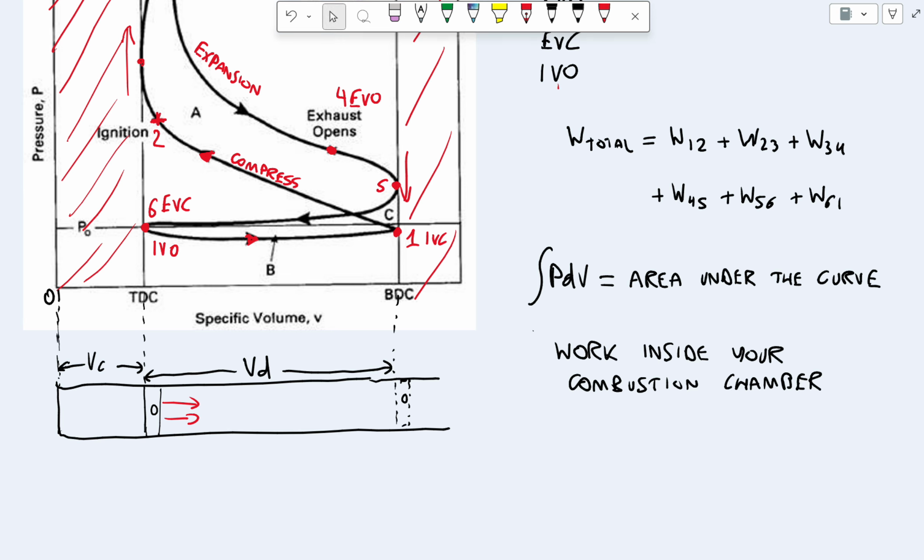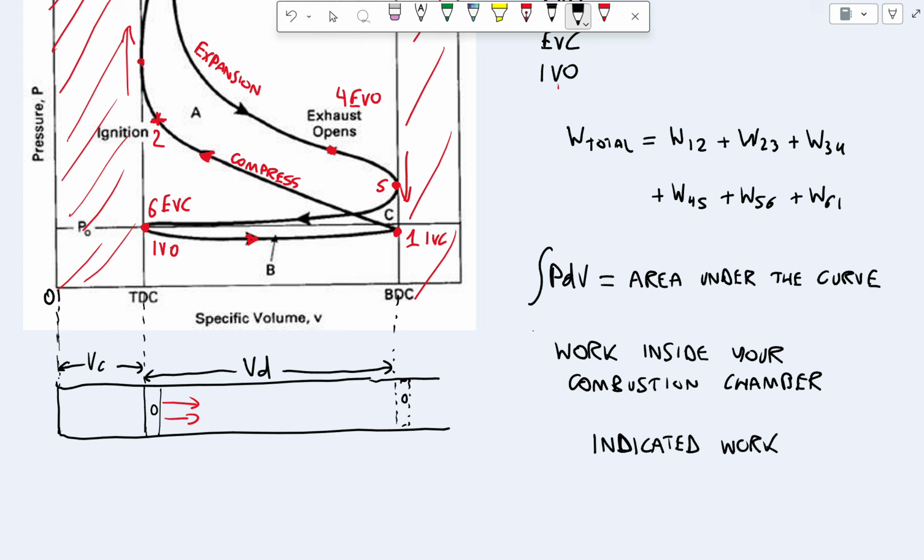Then we'll have to look at how that work evolves if we start to include friction. So the name of the work without friction and inside the combustion chamber is called indicated work, because indicated work was actually called indicated because these plots of PV diagrams used to be called indicators.